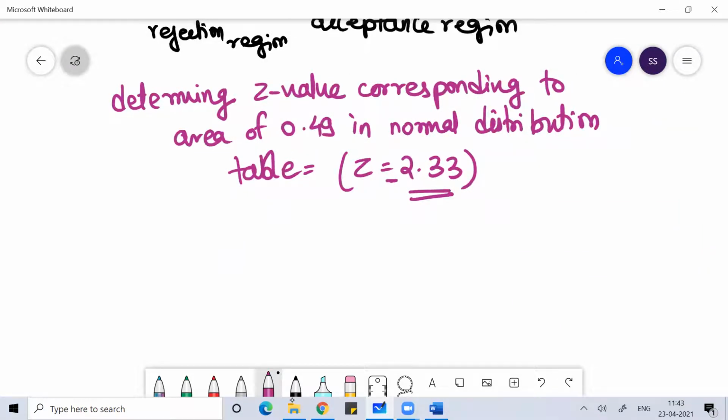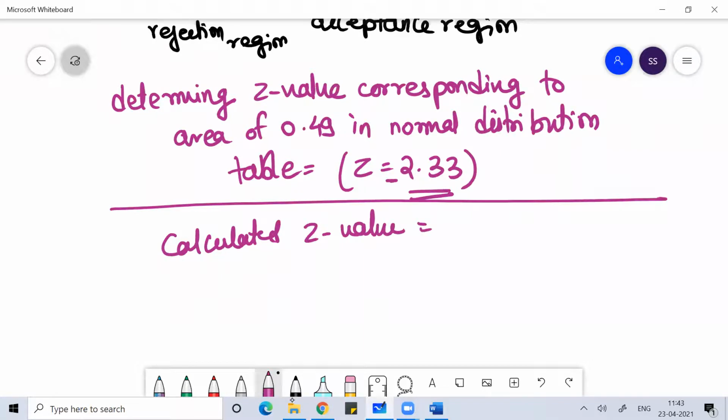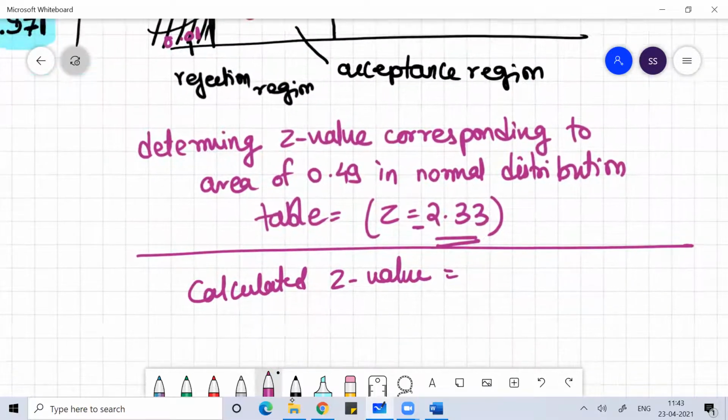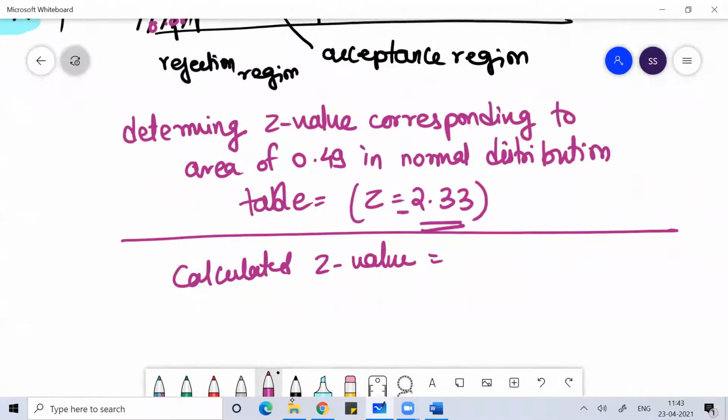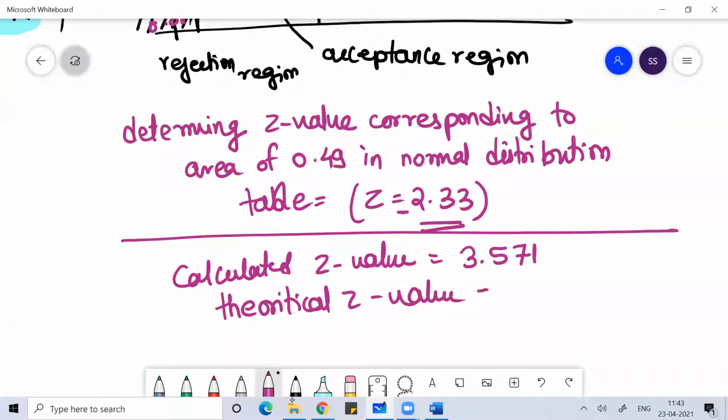Now you can see the calculated z value is 3.571, while your theoretical z value is around 2.33.